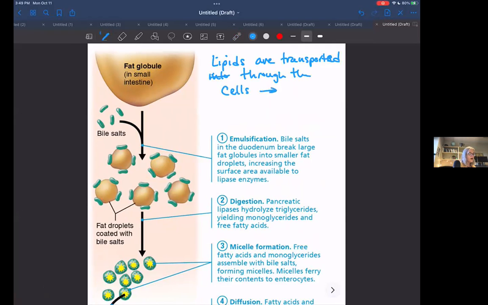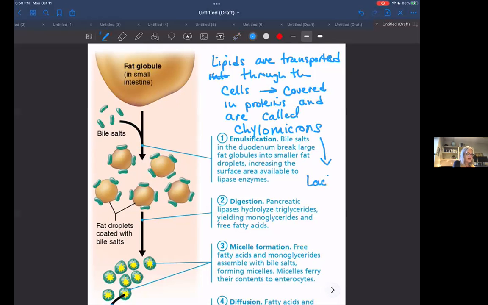And then they are covered in proteins and are called, weird name, I'm not sure where this name came from, chylomicrons. And these get sent into the lacteal. So the chylomicrons are what actually are transported.